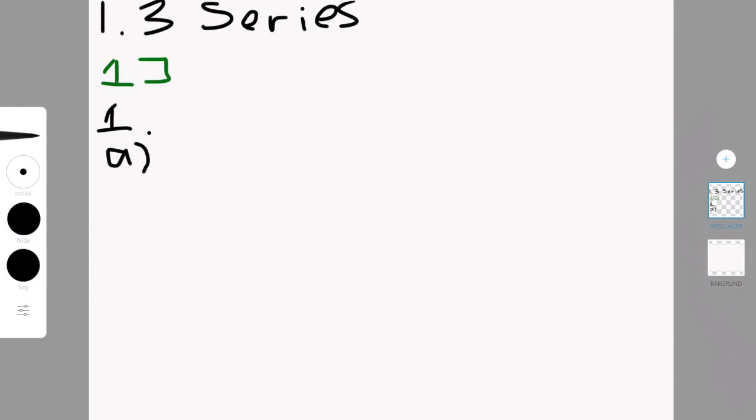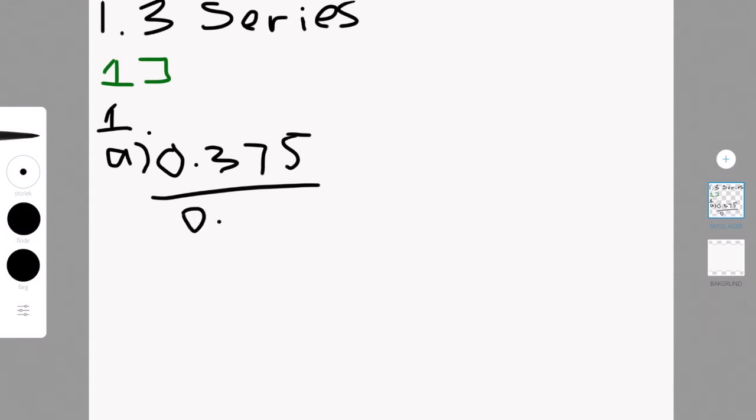Already by looking at this, I know that it is diverging because it's increasing. It's not going towards 0. However, if you want to know for certain that this is diverging, which means that it's going away from 0, you would take the second term, which is 0.375, and divide it by the first term to find the common ratio.